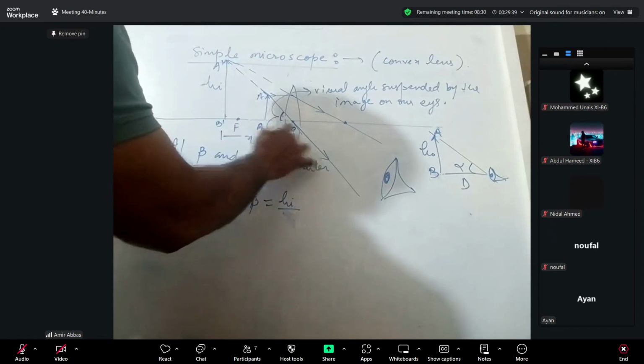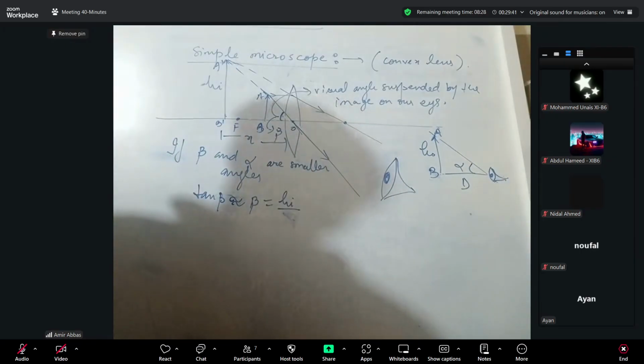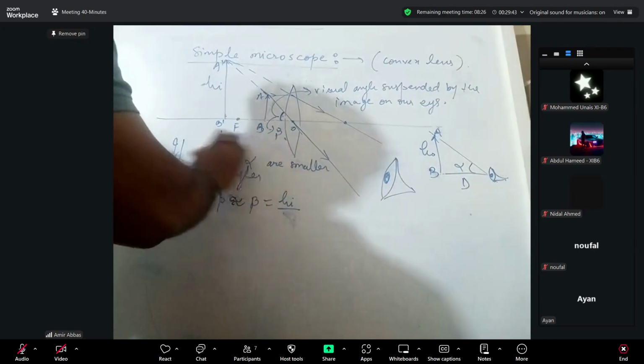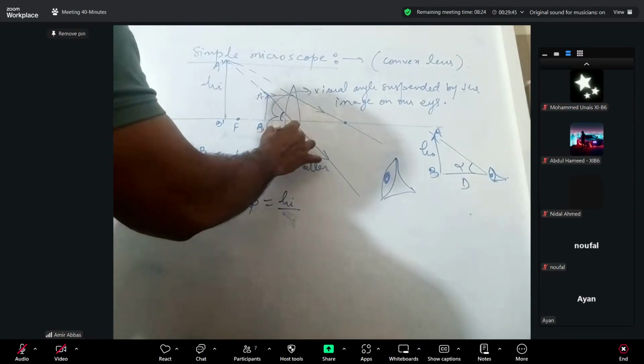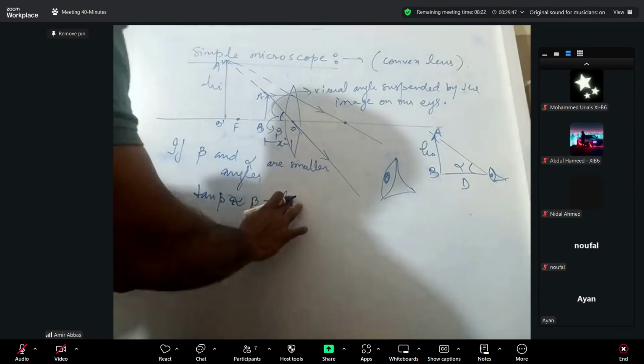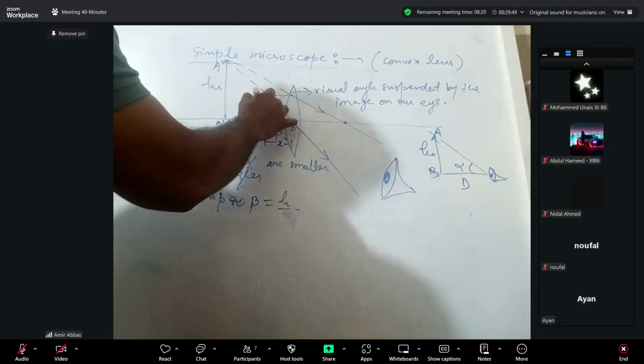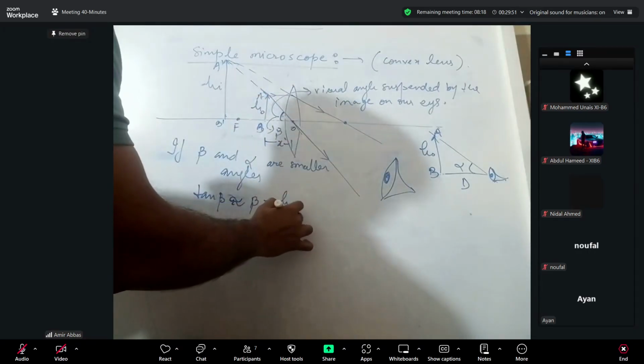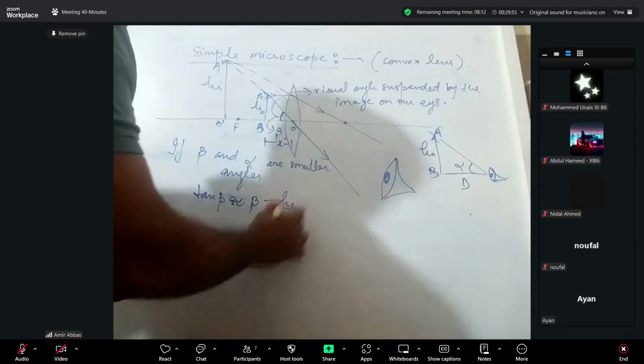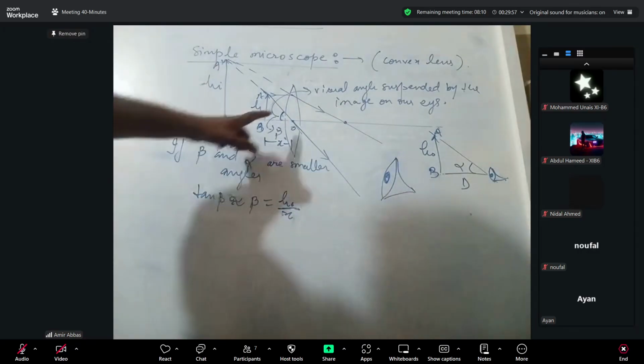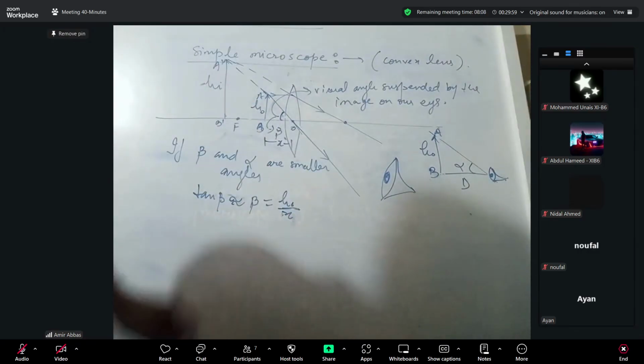It is kept at an x distance. So h, the height of an object, o upon x. From this triangle, beta can be written in this form.